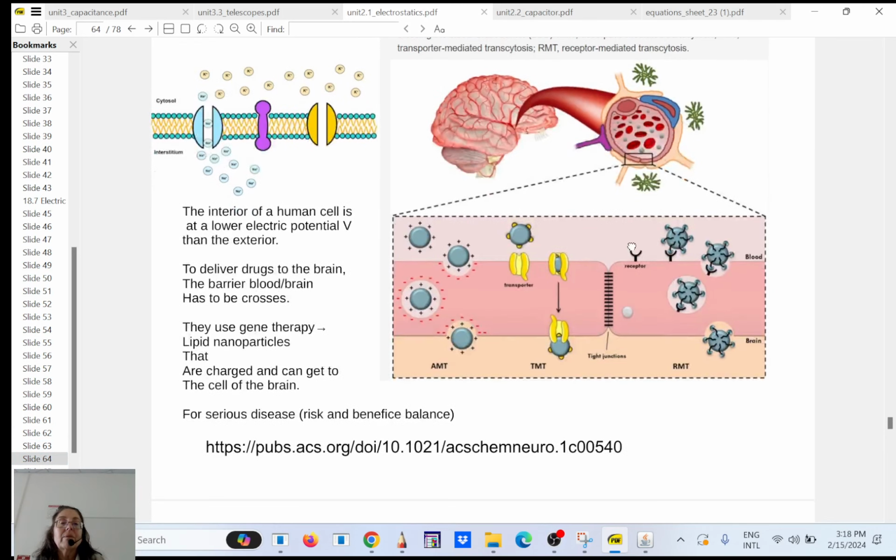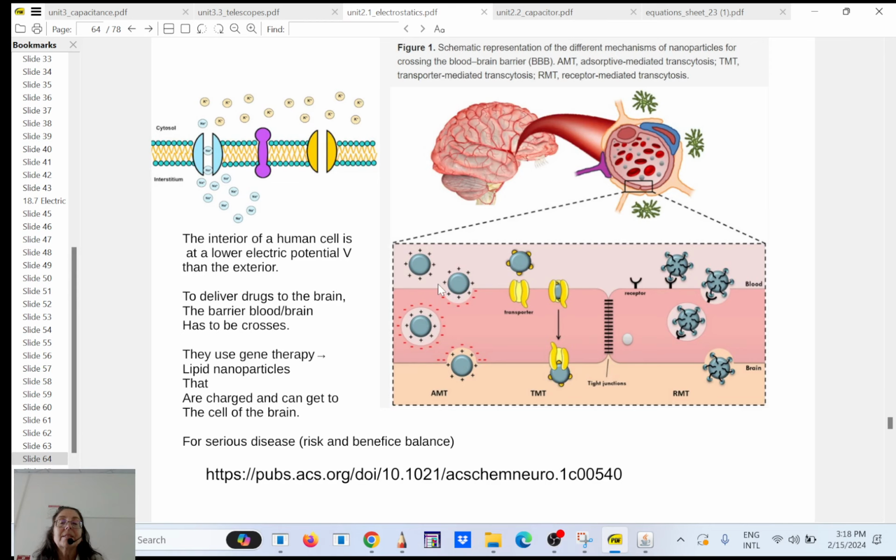Okay, so I think I talked about that also. Did I? I think I did, right? Also thanks to electrostatics, there is a technique called AMT. If you want to deliver a drug to the brain, it's very hard to cross the blood brain barrier. So you have different techniques to do that. So first of all, you need to use lipid nanoparticles because the brain loves fat. You have a lot of cholesterol in the brain. That's why the milk of the mom has a lot of cholesterol, because we need the cholesterol for the kids to develop their brain.